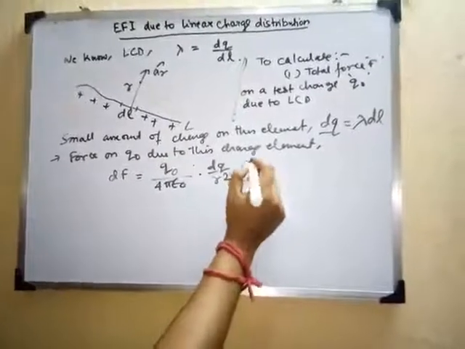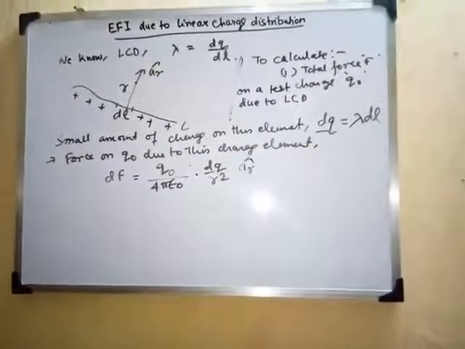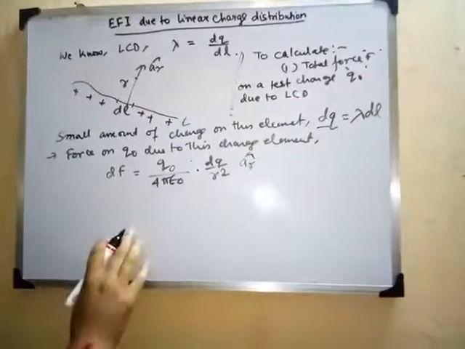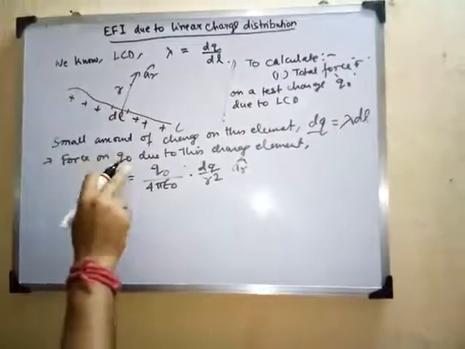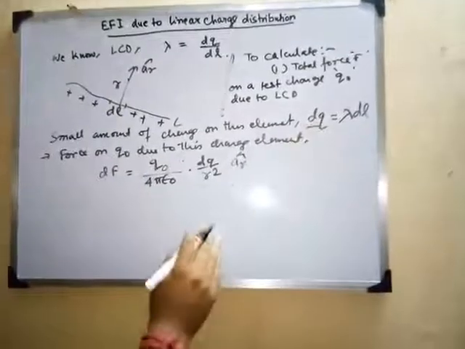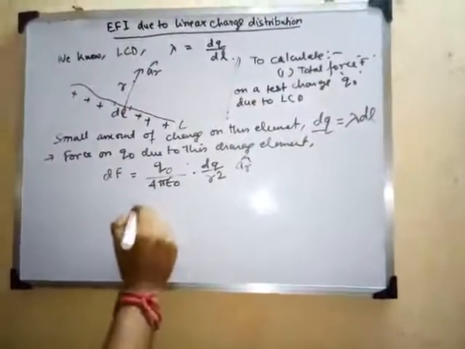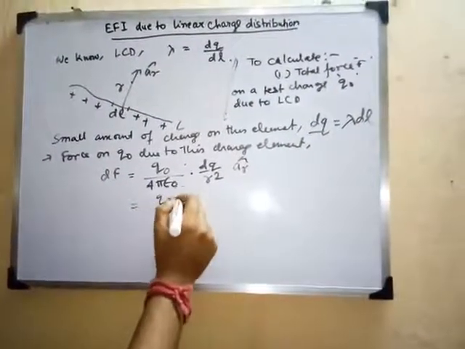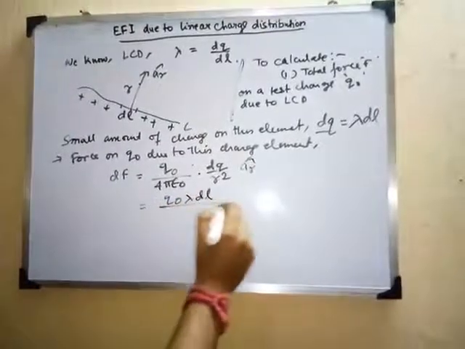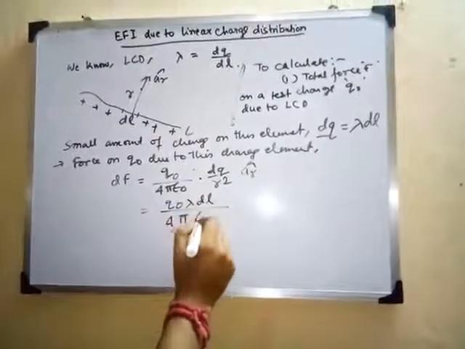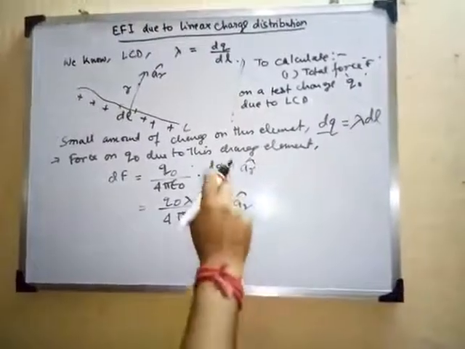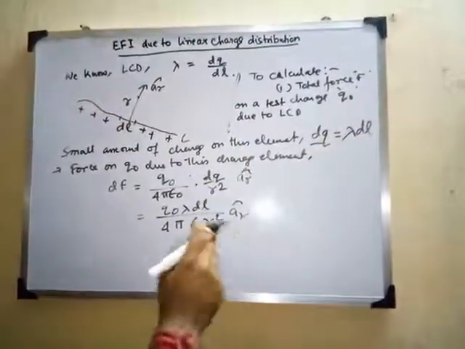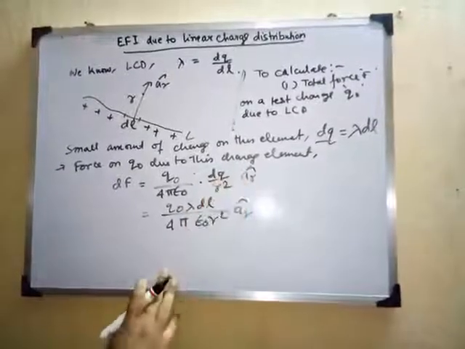So this is the representation of differential amount of force that is experienced by q naught due to this dq, right? So we can write this expression as q naught lambda dl by 4 pi epsilon naught r square ar, right? We have simply put the value of dq, lambda dl, in place of dq, right?